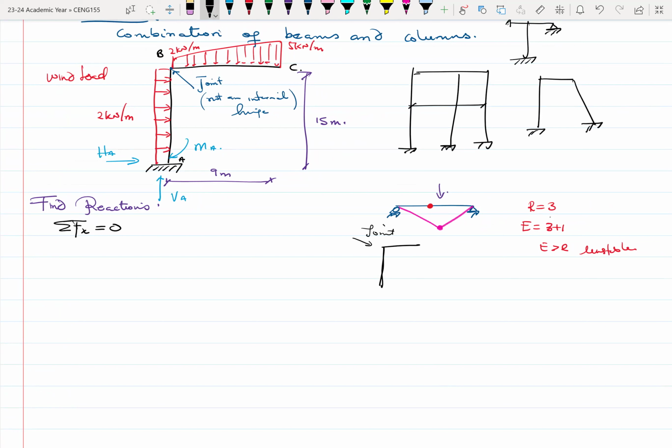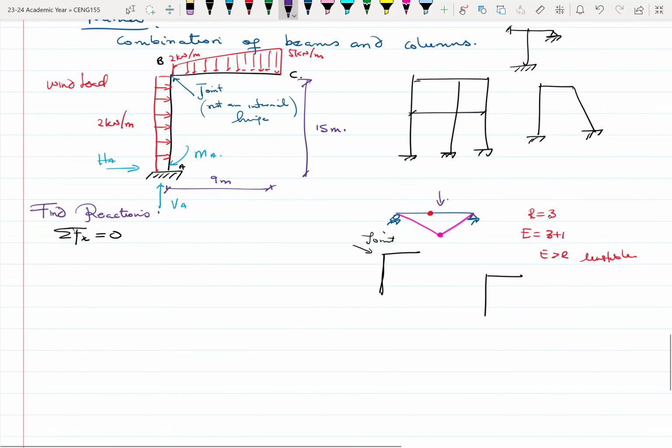It's just a joint, joining two elements together, and that's about it. Usually, if it's a concrete structure, the rebars will join together. If it's a steel structure, we can use bolts, nuts, or welding in there. And that's the joint. If I want to have an internal hinge, at least for the analytical models, I would place a circular point here like this, which indicates that this is an internal hinge.